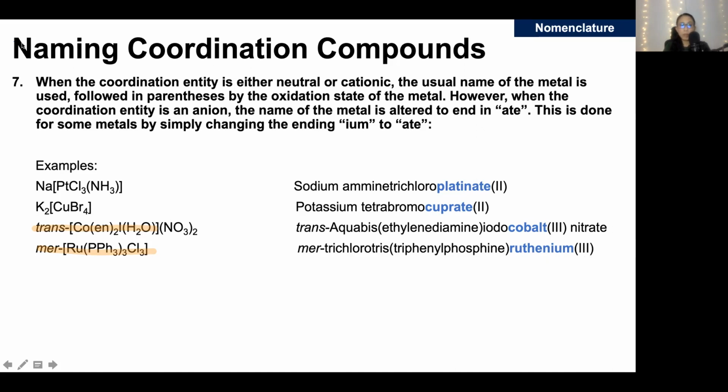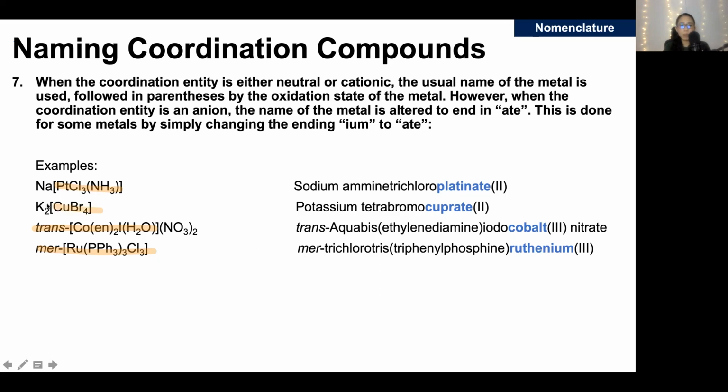However, if your complex or coordination entity or compound is an anion, then the ending of the name of the metal is transformed into ate. Okay? So for example, instead of platinum, in our first example, the anion is a complex. So you don't write platinum, but you write platinate, followed by the oxidation state.